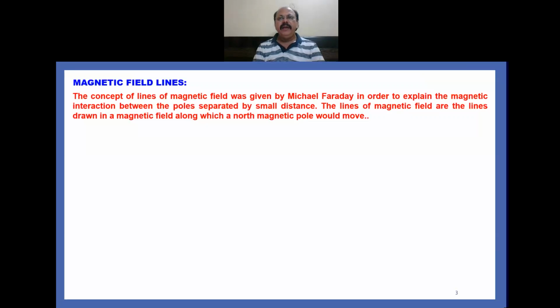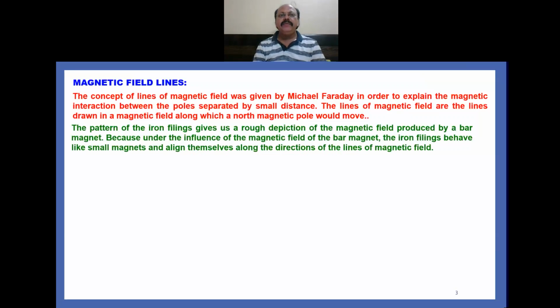So, Faraday explained the magnetic interaction in terms of the concept of magnetic field lines. The lines of the magnetic field are basically the lines drawn in a magnetic field along which a unit north magnetic pole would move.